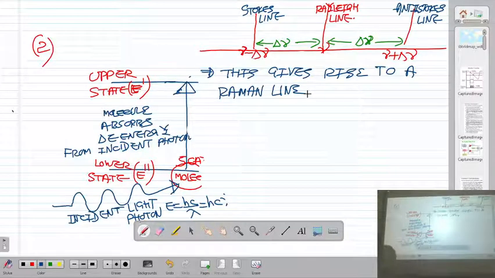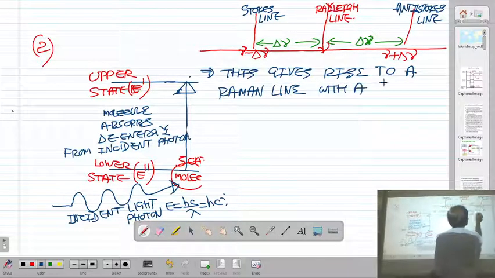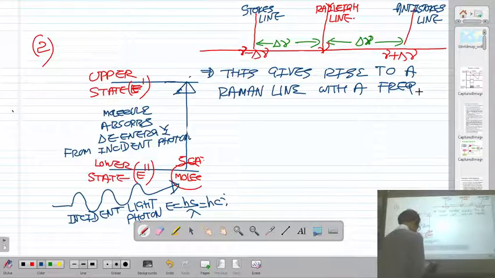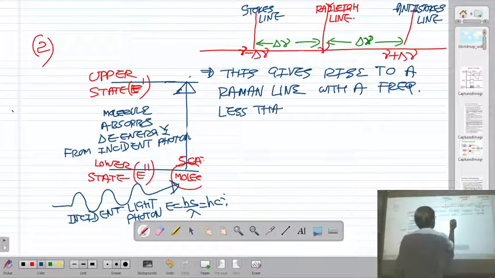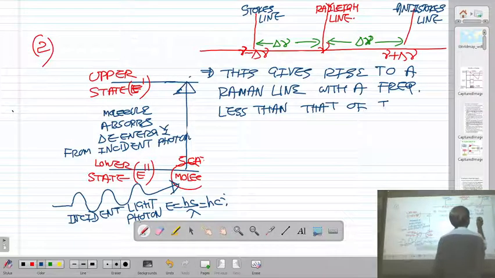This gives rise to a Raman line with a frequency and wave number less than that of the incident spectral line.